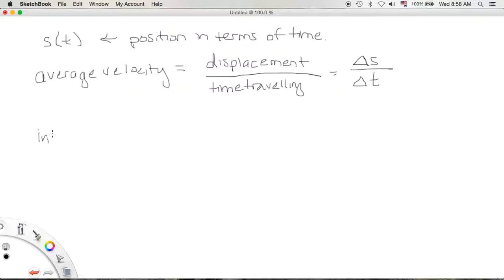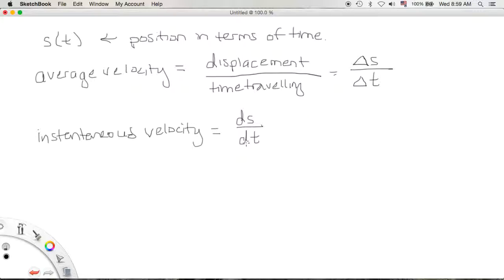But what if we want the instantaneous velocity? Instantaneous. I'm never sure if I'm spelling that right, so just keep an eye on it. Your instantaneous velocity is going to be the derivative, this lowercase delta, which we just write as a d.